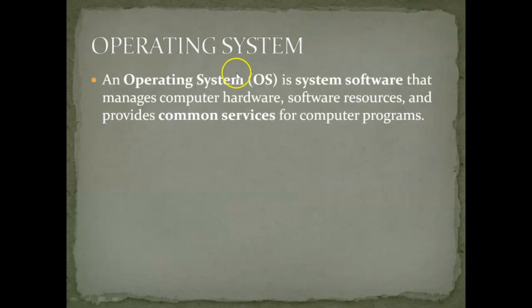System software manages your computer hardware, software resources, and provides a common service for computer programs. This is the basic definition of your operating system. You have many different operating systems like Windows, Linux, Mac OS, which we have already seen in our previous slide.